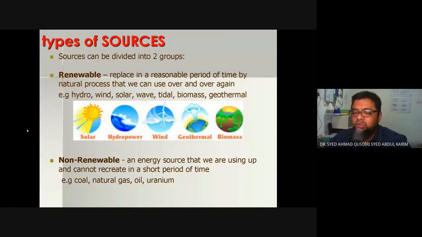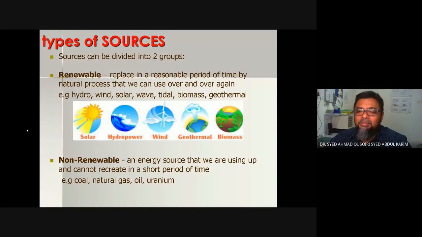However, these sources, the price will fluctuate. If you look into the international market, the price of coal, even natural gas, always fluctuates depending on demand. So that is why kadar harga elektrik yang kita perlu bayar tu berubah-ubah, because TNB is buying all these non-renewable sources at international price.